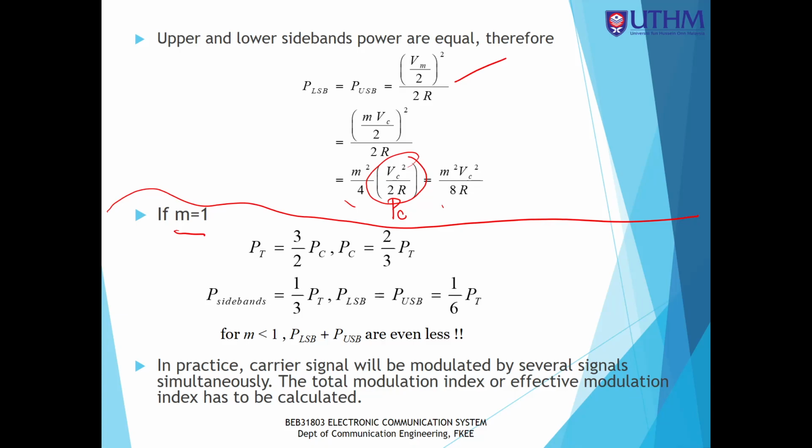So you imagine that the information only, for both of these, only contributes 1 over 3. The components that carry information only contribute 1/3 of the power from the total. So information only contributes to 1 over 3 of the total power, whereas 2 over 3 belongs to the carrier power, which does not carry any information at all.